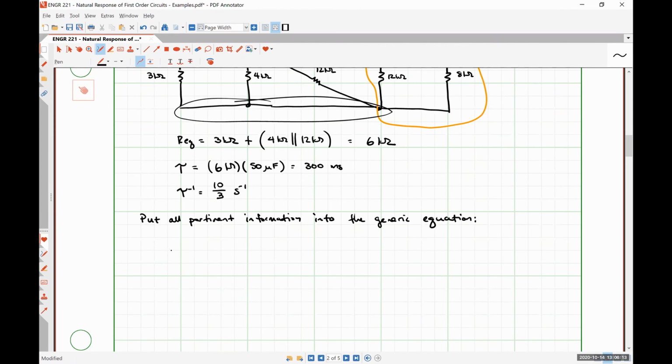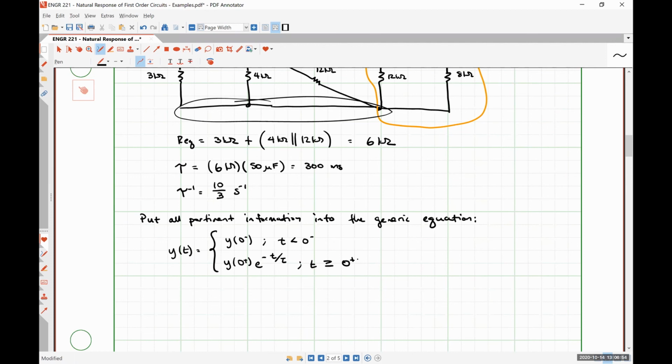Our generic equation is as follows. y of t, where y is simply representing the response, so it could be a current or a voltage through any particular element, is equal to y at 0 minus for t less than 0 minus, and it's going to be y at 0 plus times e to the minus t over tau for t greater than or equal to 0 plus.